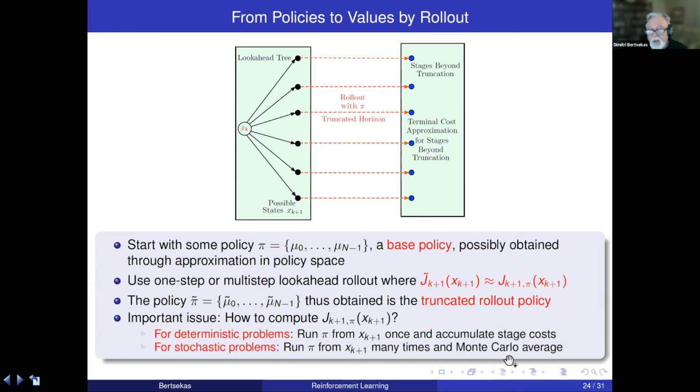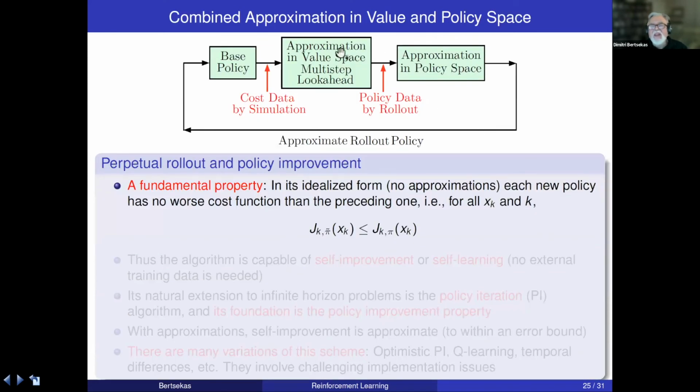For stochastic problems, we may use Monte Carlo simulation from x_{k+1} many times and average the results to obtain these values here. So now we can use this in an offline training method to obtain new policies. We can go from policies to values and then to new policies. And that's the idea of combining approximation in value and policy space.